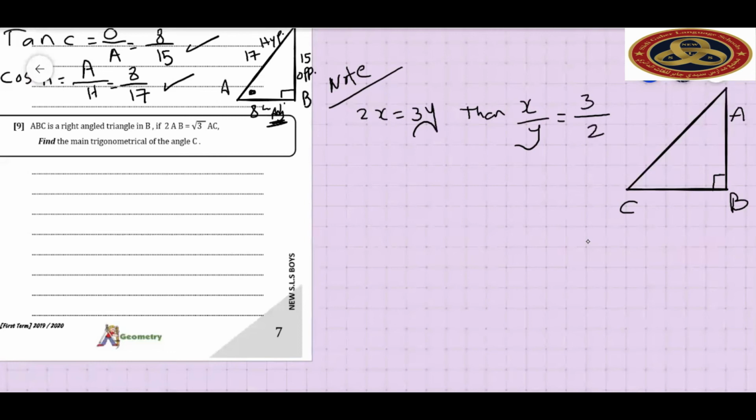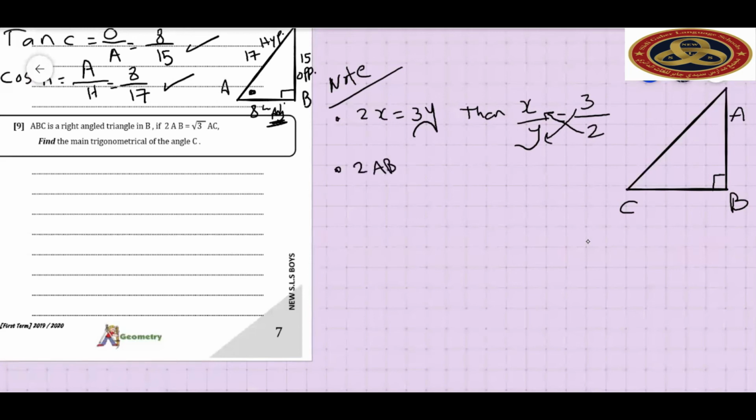Excellent. Because when we do cross multiplication, means and extremes, the 2 will be multiplied by x and 3 will be multiplied by y. Okay? You understand it? This is the main idea of our lesson.